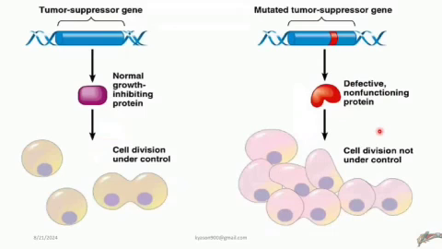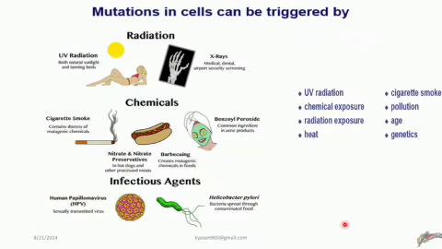As you can also see here, normally this tumor suppressor gene codes for a tumor suppressor protein that will control cell division. If the gene is mutated, cells will just divide uncontrollably, resulting in cancer. Causes of mutations, I talked about them, I think it was yesterday, and I won't repeat them. There are many causes of mutations.